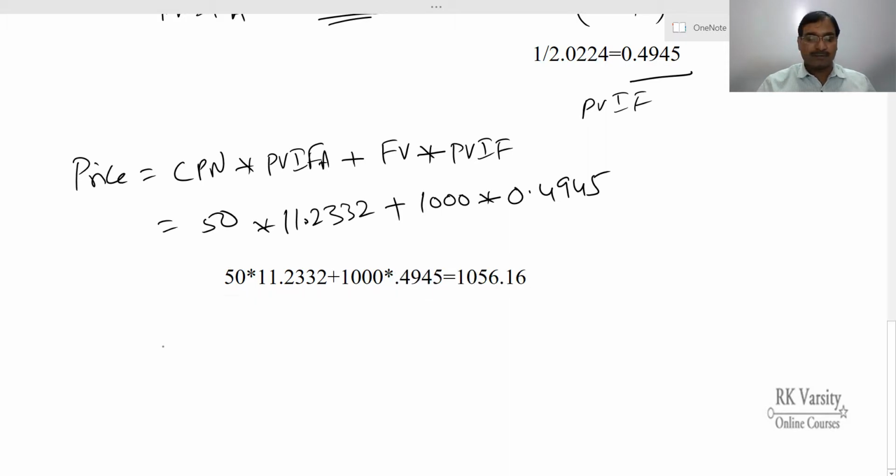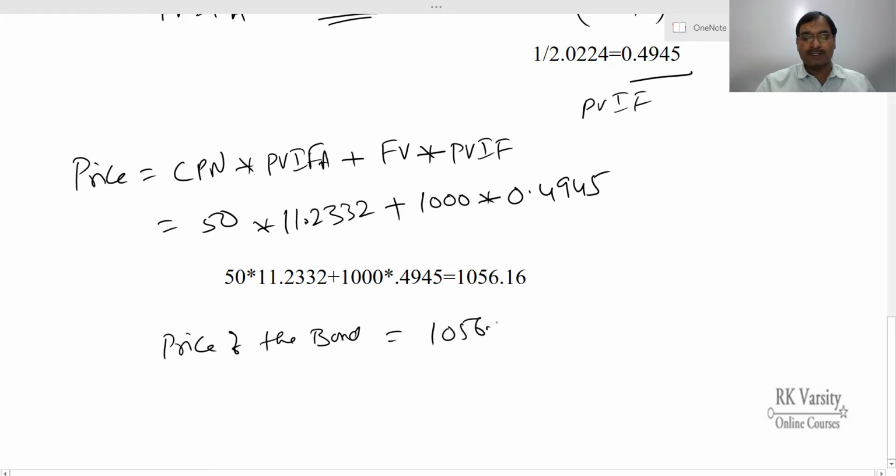So the price of the bond equals $1,056.16. This is how you calculate the price of a bond with semi-annual coupon payments. Thank you.